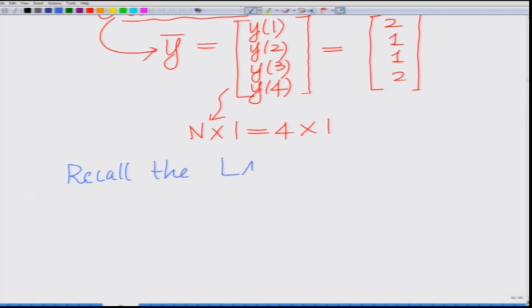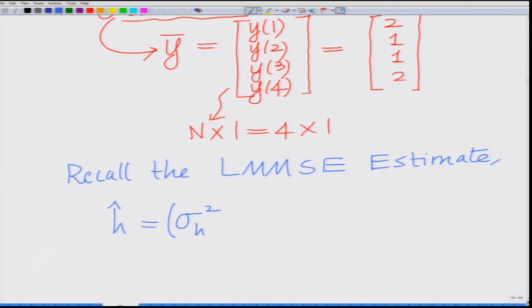Now, recall the LMMSE estimate, the linear minimum mean squared error estimate. Recall that this is given as h hat, the LMMSE estimate, equals, we derived this in the previous module, sigma h square x transpose x plus sigma square identity inverse times sigma h square times x transpose y. Okay.